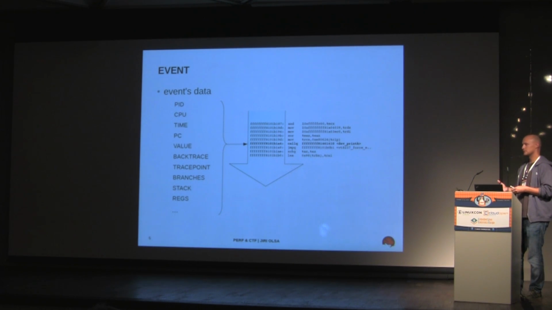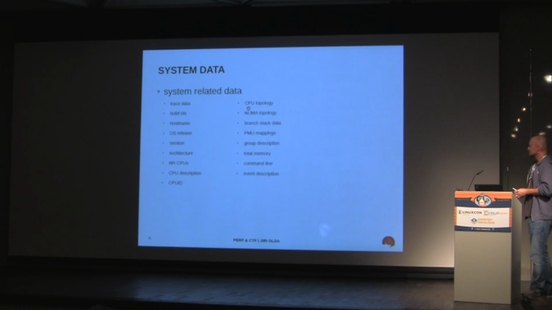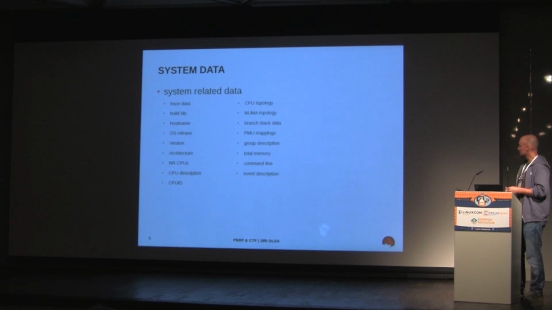We can store the stack, various registers, and all those things can be used later during the report phase for the event. As for the system data, this is the list of the system data that we store in the Perf data file. So you can see it's various stuff, different event types need different data.